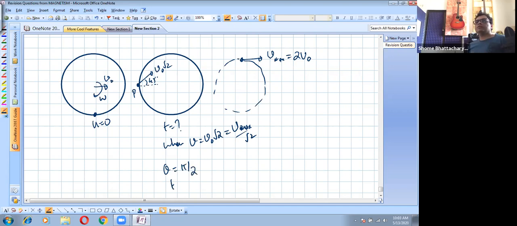So the time should be equal to quarter of the time period, or pi by 2 omega. Like this. Okay. So anyway, so at that point of time, the acceleration vector will be like this. It will be at an angle 45 degrees.